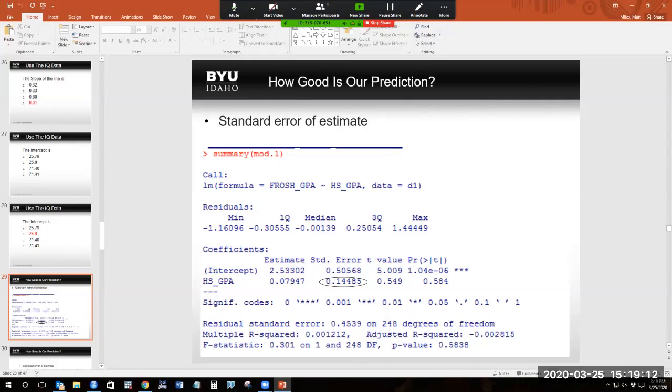So what you do is you take the estimate and divide it by the standard error, which will give you the t statistic. You already know on a t statistic, the critical value is plus or minus 1.96. And then here's the p-value, 0.584. So this t is less than 1.96. This p is bigger than 0.05, no stars. So this is a not significant predictor. It's not a good one to use.